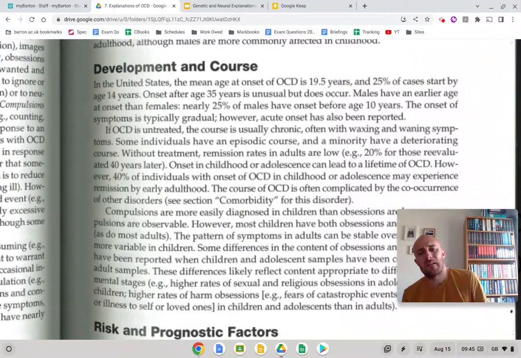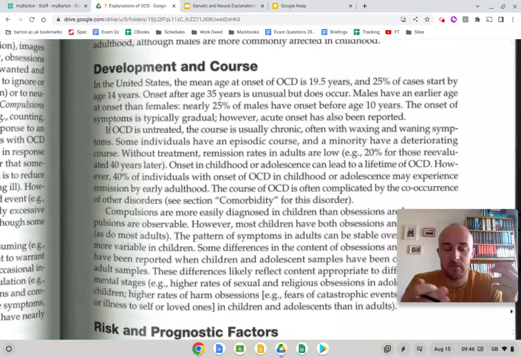A lot of these cases are severe. I find this quite patronisingly insulting personally, but depression is regarded as a mild mental health disorder. And you think depression is actually quite debilitating, but in psychiatric and psychological circles, depression is seen as quite a mild disorder.